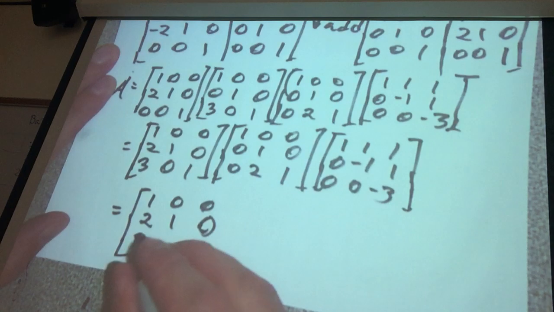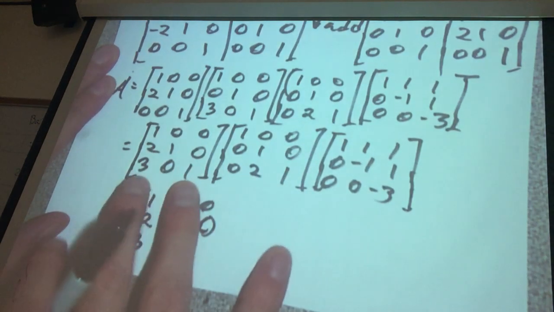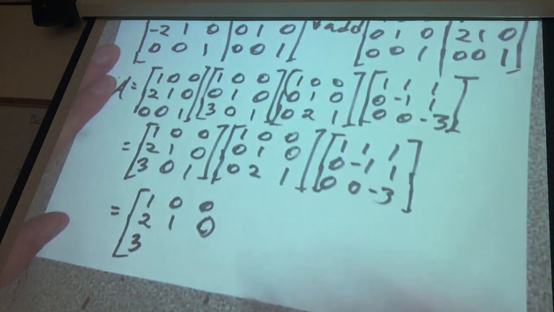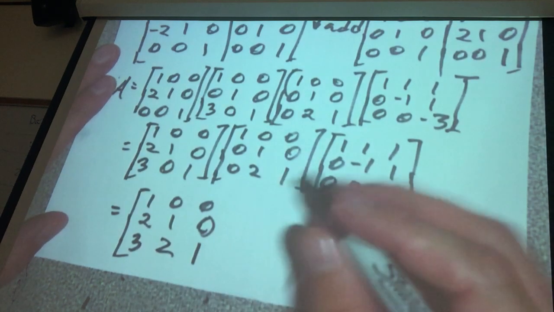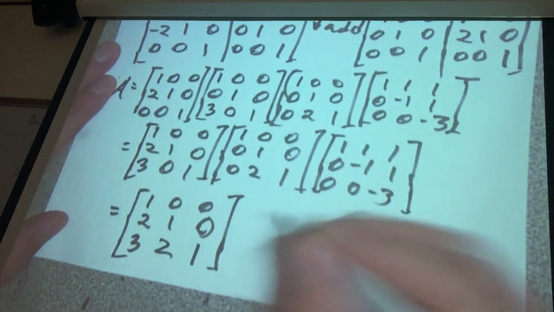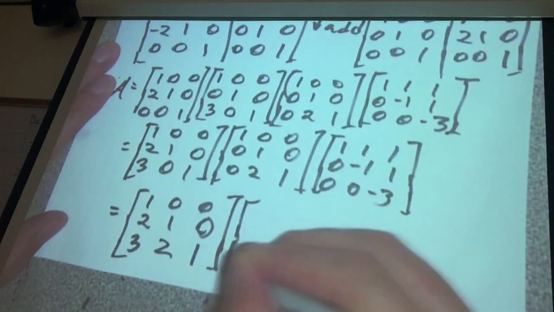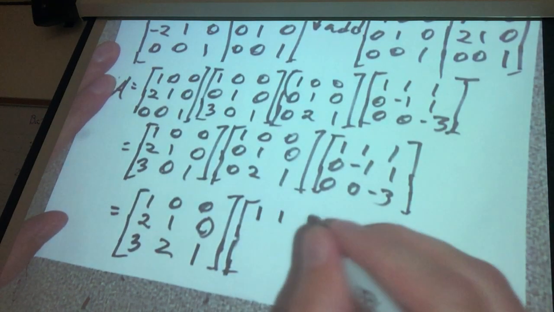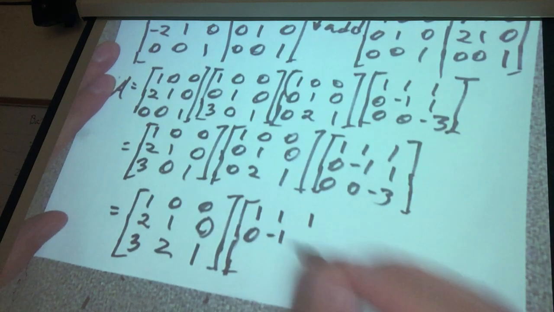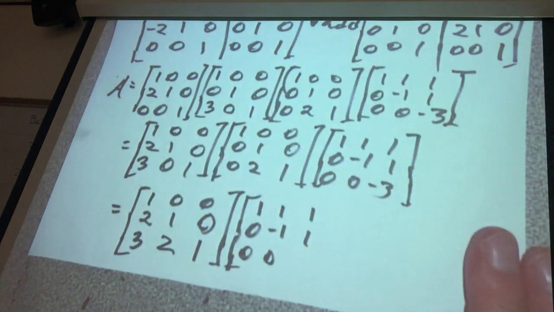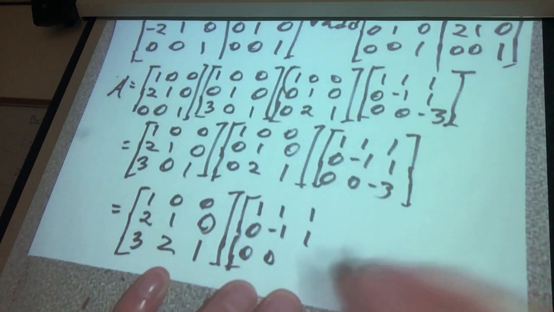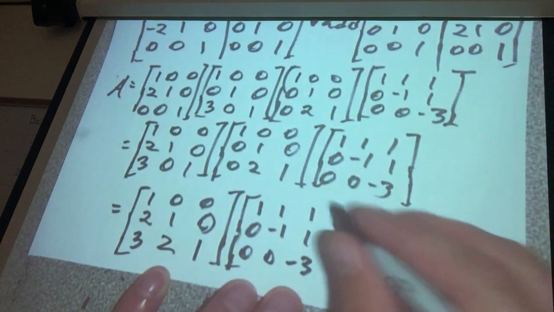So 3, 0, 1 acting upon 0, 1, 2 is just going to pick up the 2, and the last one is going to pick up the 1. And now this is going to act upon 1, 1, 1, 0, negative 1, 1, 0, 0, and then negative 3.